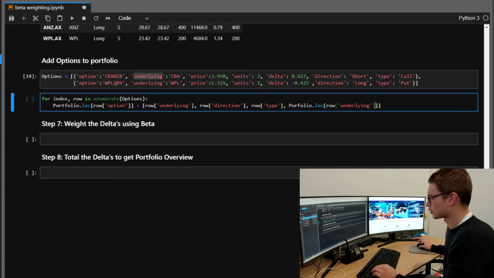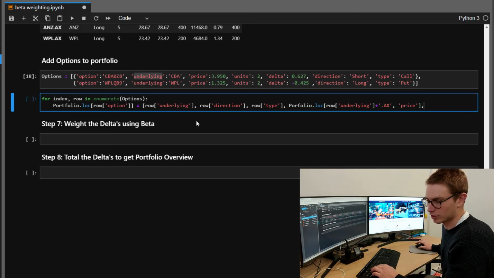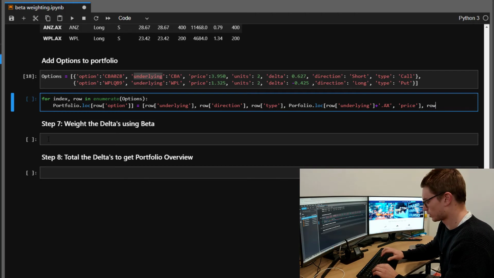And that should return the symbol right here. But you can see that it's without the AX, so I've got to go string plus string dot AX. What I want to return, I want to return the price. So you can see here that we've just got portfolio loc on the underlying and the price. Excellent. So the next piece of information we want is the row units.